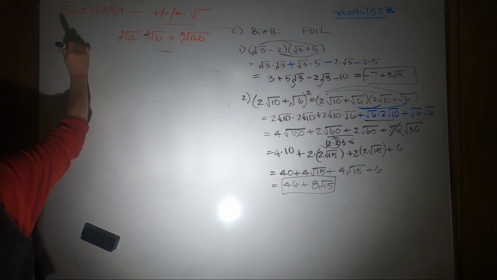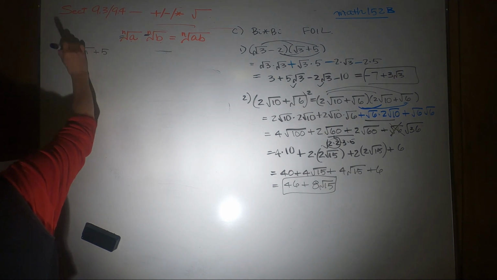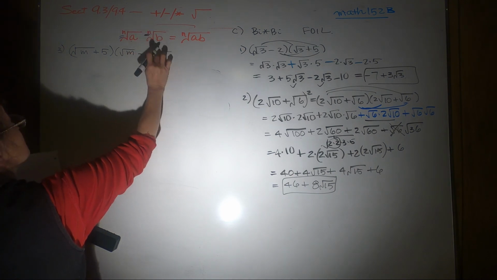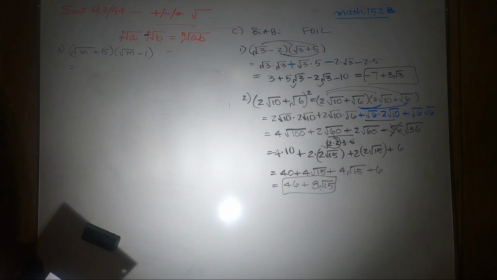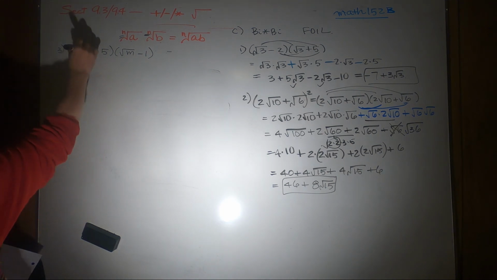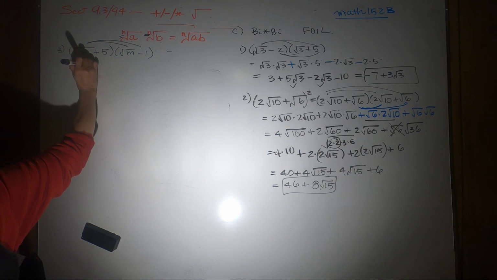Take a look. Next one, square root of m plus 5 times square root of m minus 1. Two terms times two terms, we should have 4 terms, right? So we distribute.